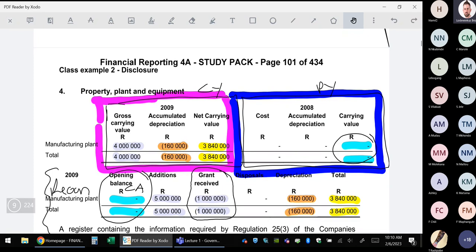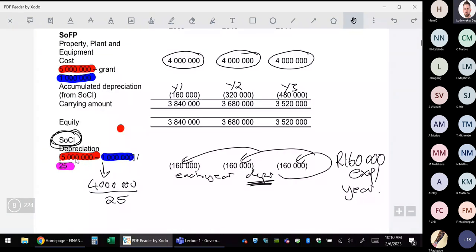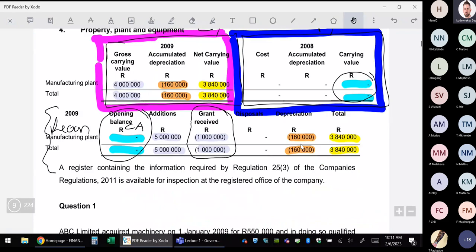We calculated the depreciation for the current year as 160, and that was 5 million less 1 million to give us 4, and that is now the new basic net cost of the asset divided by 25 years. So depreciation for the current year is 160.